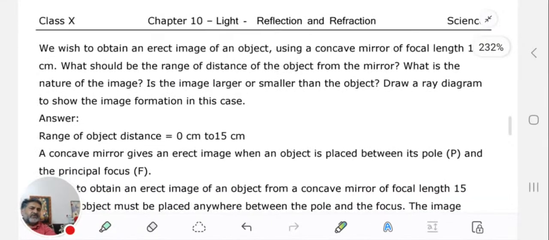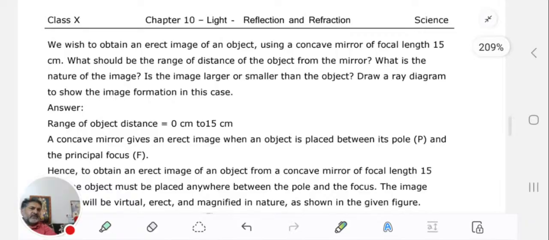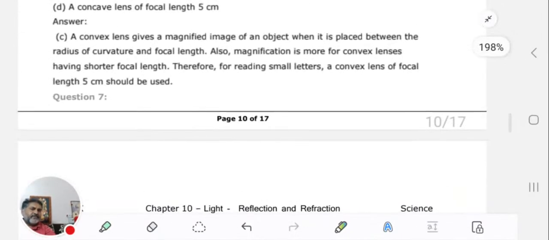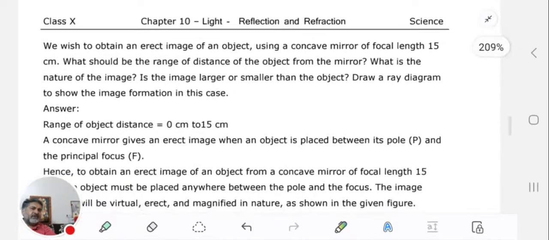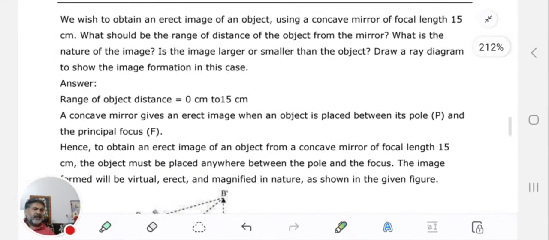ચાલો પછીનો ક્વેશ્ચન. Question number 7. We wish to obtain an erect image of an object using a concave mirror of focal length 15 centimeter.